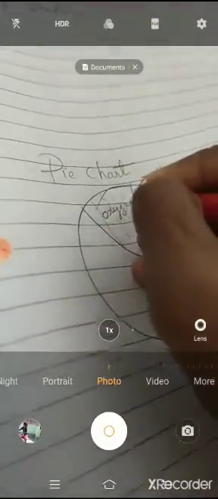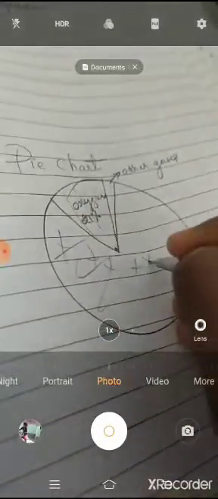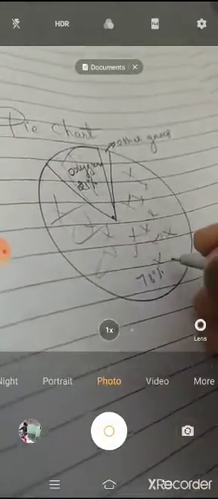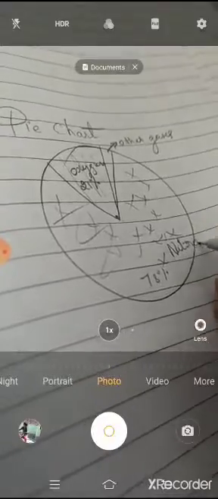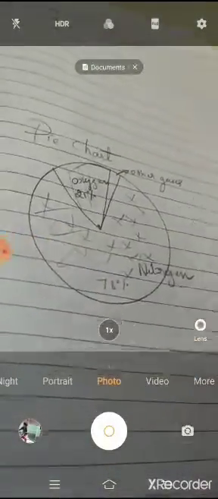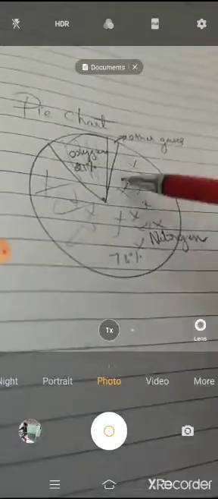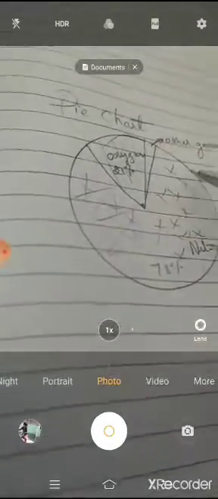This is the composition of oxygen, that is 21%, and the rest of the percentage is 78%, that is nitrogen. This is a pie chart where you could easily find out how much percentage of the things are there in one circle.